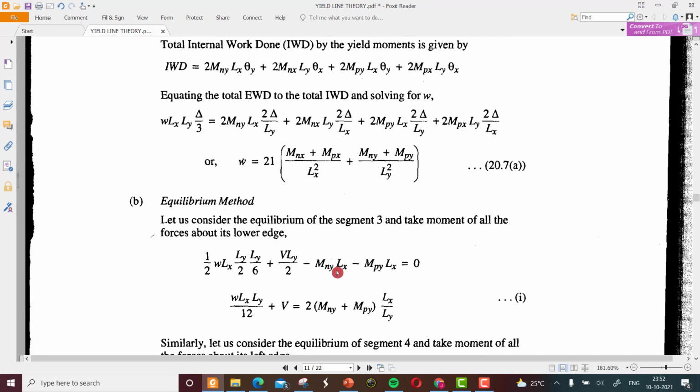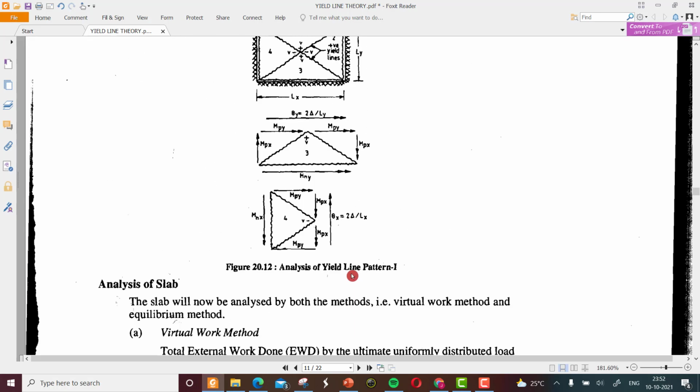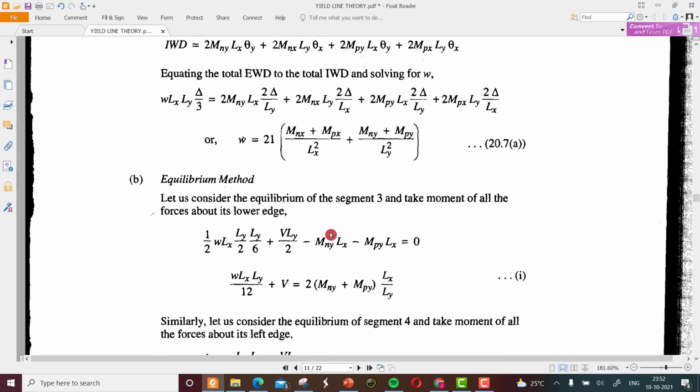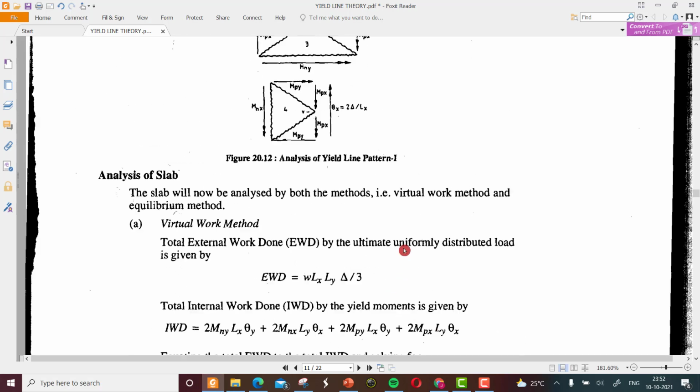Then minus mny into Lx will give you the moment about this base, then minus mpy into Lx.